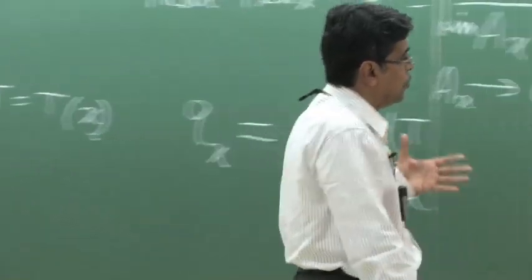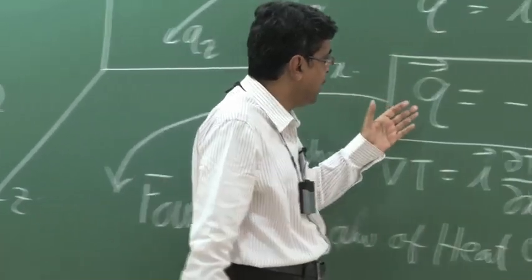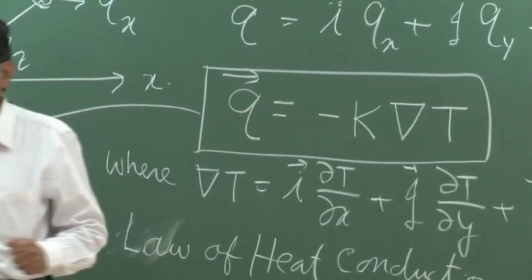That is the Fourier law of heat conduction, that is Q is equal to minus K grad T.